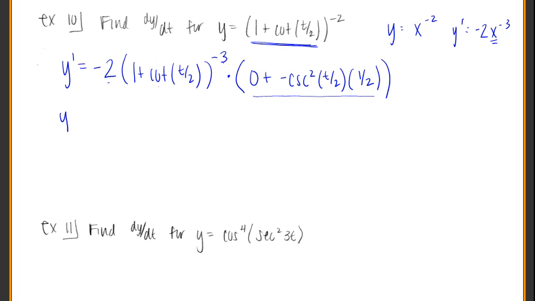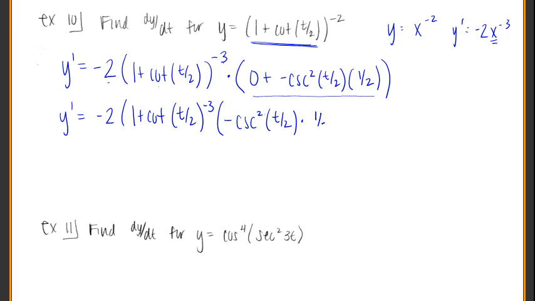Alright, so cleaning this up, y prime is going to be -2 times 1 plus cotangent of t over 2 to the -3 times a negative cosecant squared t over 2, then times 1/2. Okay, this is all multiplied together. So if I want to, hold on, I got an extra parenthesis in there.